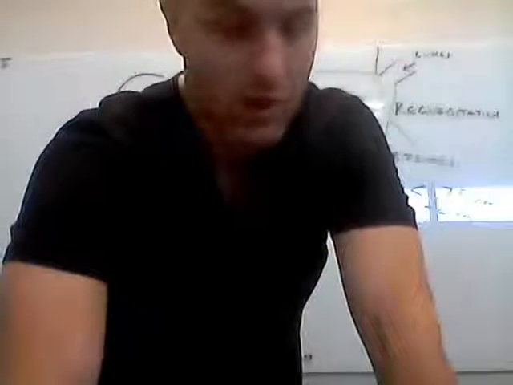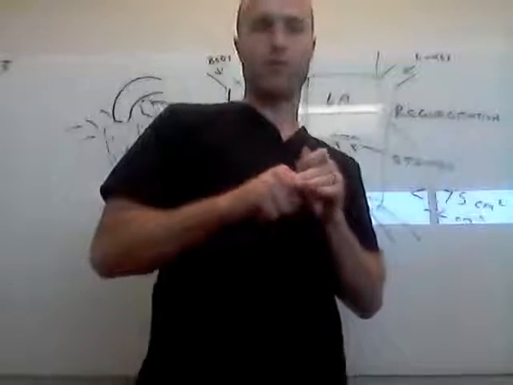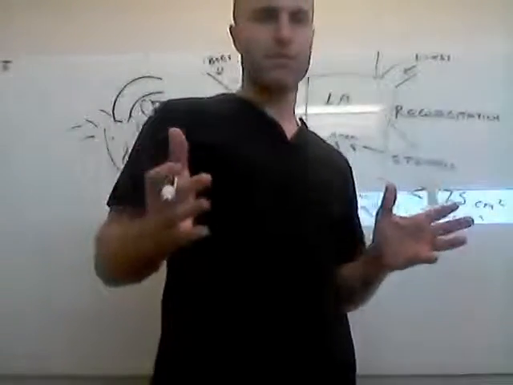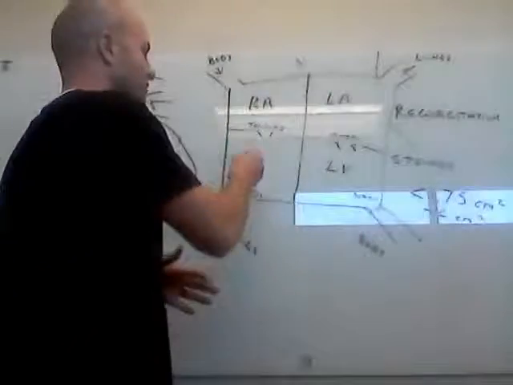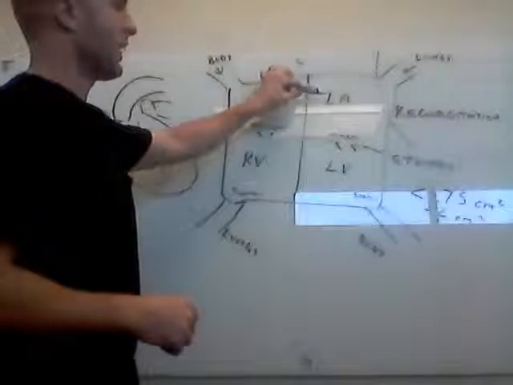Basically, you have these different heart sounds, and they correlate to diastole and systole, and to different events in the heart. The first heart sound occurs when the AV valve, the atrioventricular valve, closes. These are atrioventricular valves because they're between the atria and the ventricles.